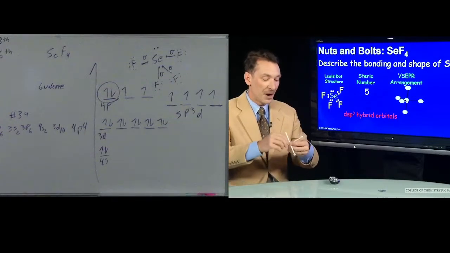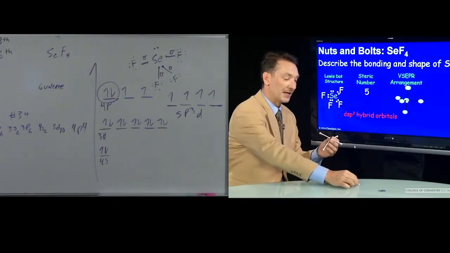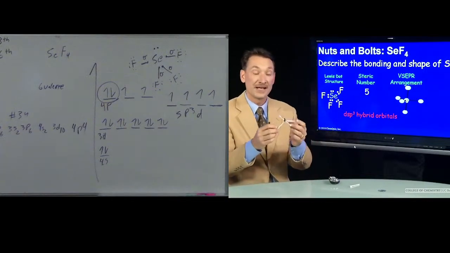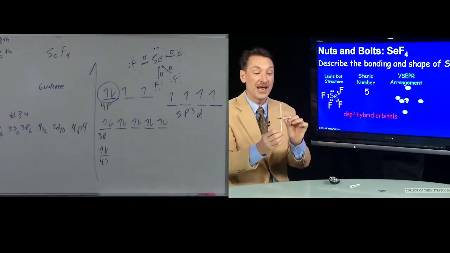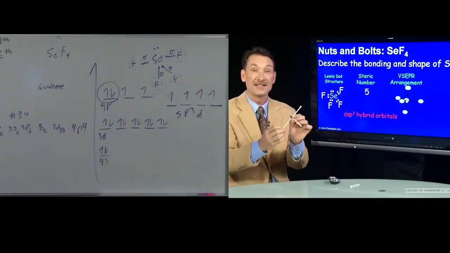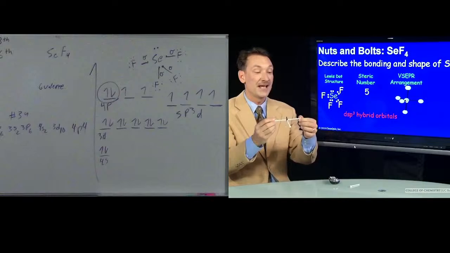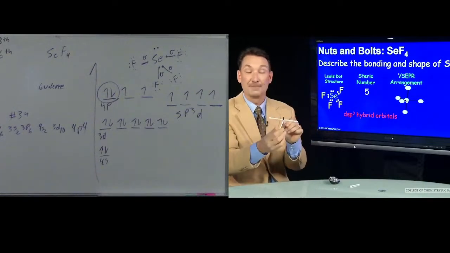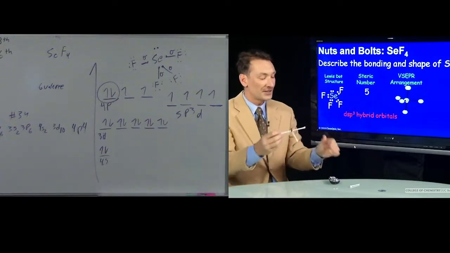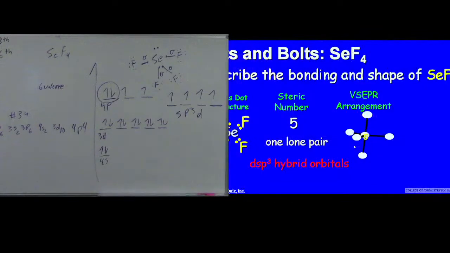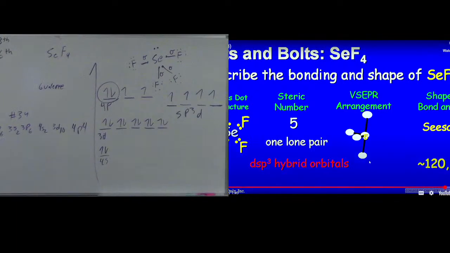So we always name our shapes without the electron pair. Removing that electron pair gives me a shape that looks like this, a little seesaw. So there's an electron pair here, but the molecular shape is named just by the atoms. So a seesaw configuration, and I'll have 2 bond angles: 180 degrees and 120 degrees.